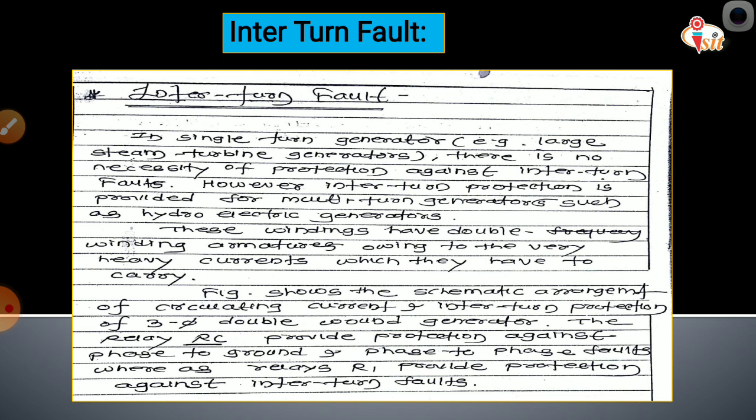However, interturn protection is provided for multi-turn generators such as hydroelectric generators. These generators have double winding armatures owing to the very heavy currents which they have to carry. So we have to provide this type of protection to the heavy generators.